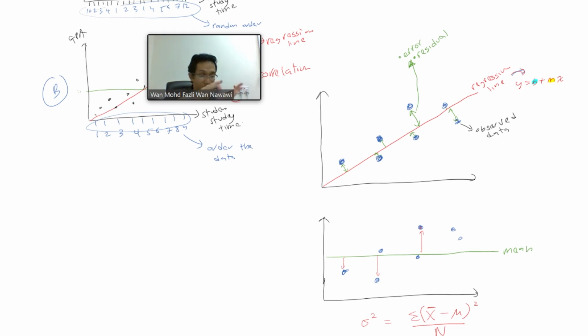The lower the residual, meaning there is less difference between the regression line and your observed data, the better the predictor, meaning whatever is predicted will almost always be correct.